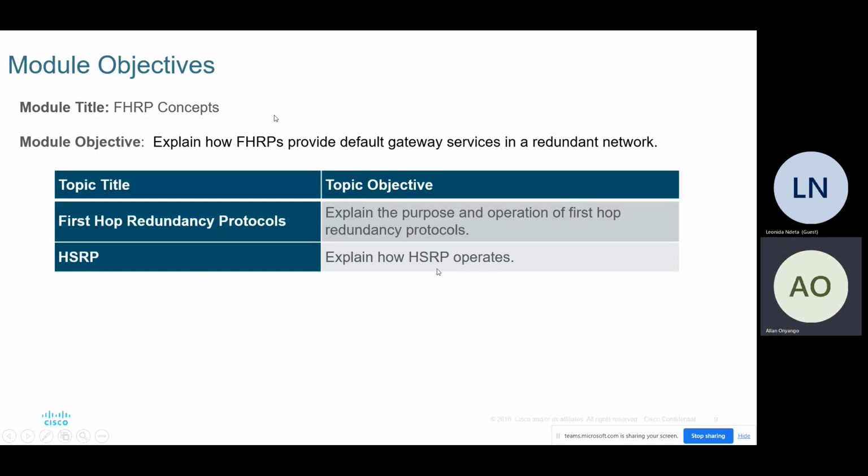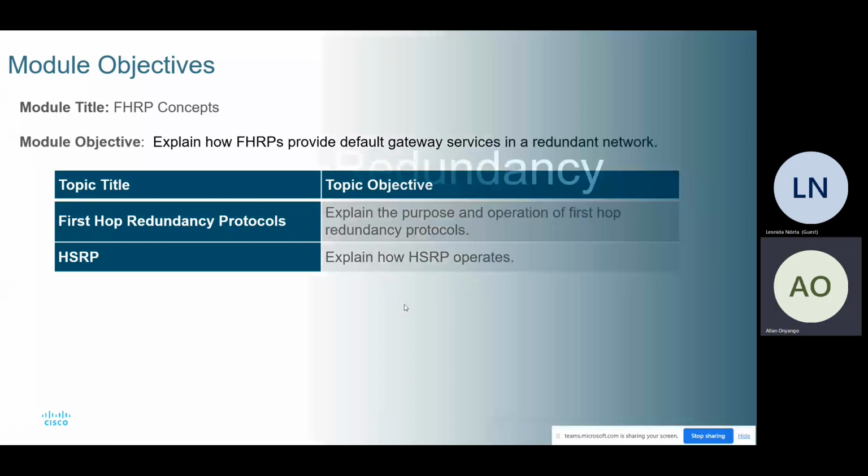And so we'll pick one of them, which is called HSRP, the Hot Standby Router Protocol. This is one of the protocols under FHRP.